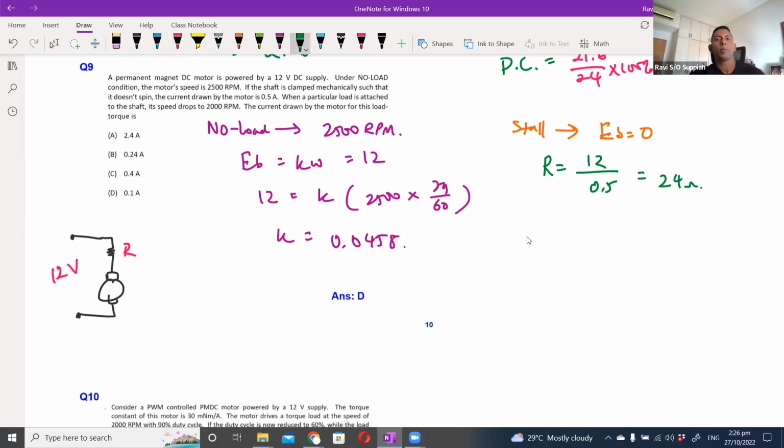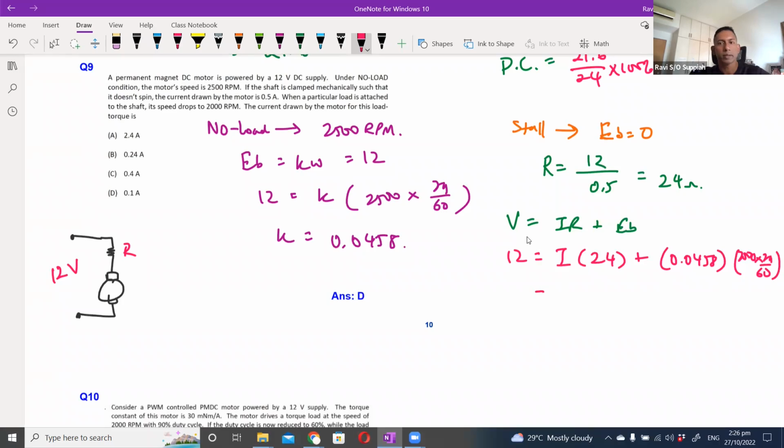And what is the last step? When a particular load is attached to the shaft, its speed drops to 2000 RPM. So what is the current drawn by the motor for this load torque? We can calculate the current based on the formula V equals IR plus EB. We know the voltage is 12, we want to find the current, and we already know the resistance, and the back EMF is K omega, with K 0.0458 and omega at 2000 RPM.